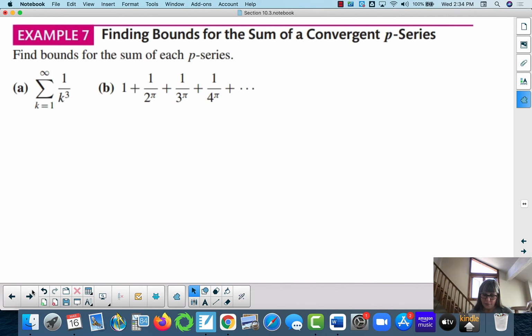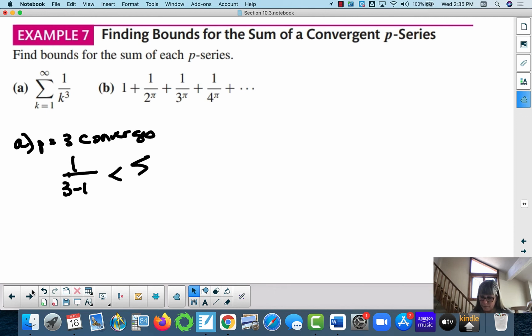So here for this part, all I have to do is figure out what P is. In part A, P equals 3, so we know it converges, first of all. And then we know it's going to be between 1 over P minus 1, so 3 minus 1, and 1 plus 1 over 3 minus 1.